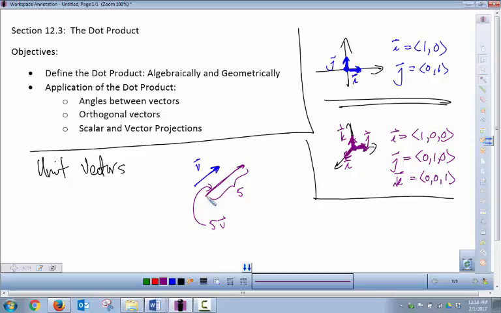So for us to be able to deal with that, what we want to do is something called normalize the vector.